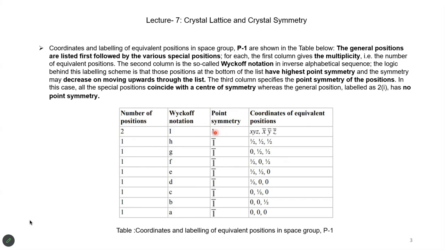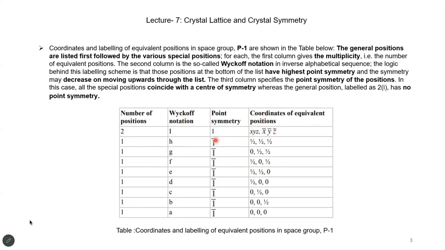One is identical; if we rotate an object 360 degrees, it becomes identical. So therefore, in P bar 1 for equivalent position 2, there is no point symmetry. But the coordinates, as we have already said, are x, y, z and bar x, bar y, bar z.